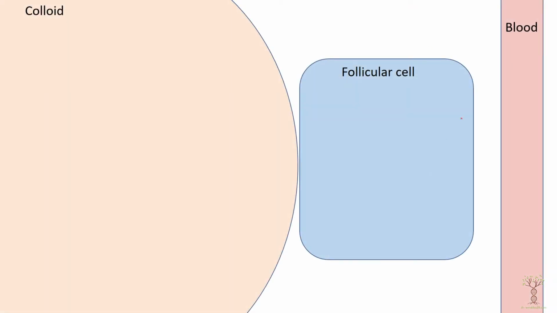So here we have our bloodstream, we have a follicular cell, and we have a colloid region. The follicular cells have a nucleus with rough endoplasmic reticulum, just like other cells. In here we have our DNA, so there's genes in here, and rough endoplasmic reticulum is for synthesizing proteins. A very important protein that is produced is moved into the colloid, and that is called thyroglobulin.